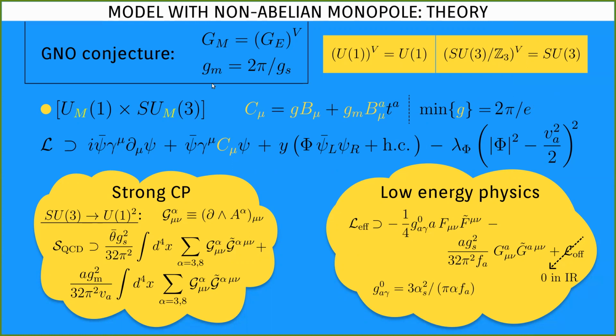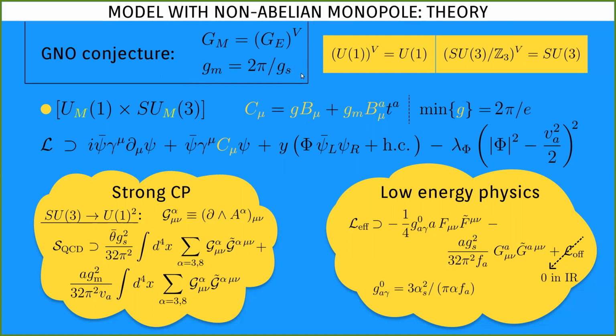The conjecture was put forward that the non-Abelian magnetic charge transforms under the representation of the GNO dual group, which is denoted by V here. It's also known as the Langlands dual group in mathematics, and with the coupling constant, which is 2 pi over the coupling constant of the non-Abelian theory.